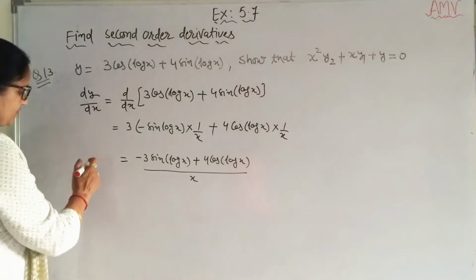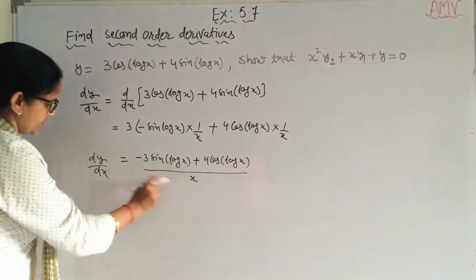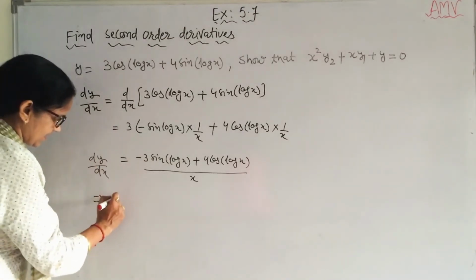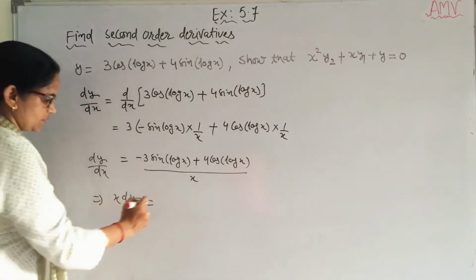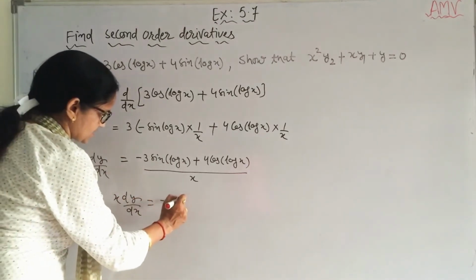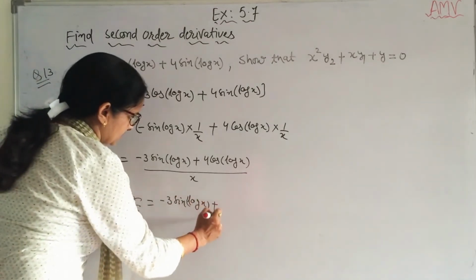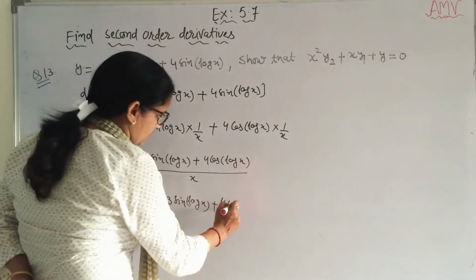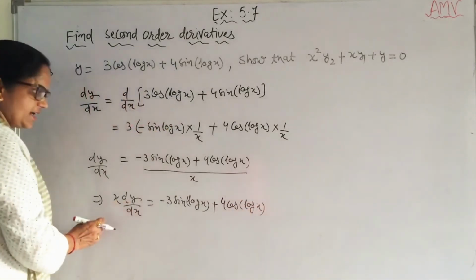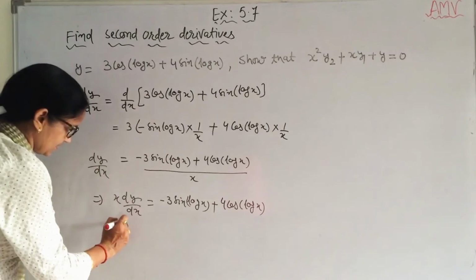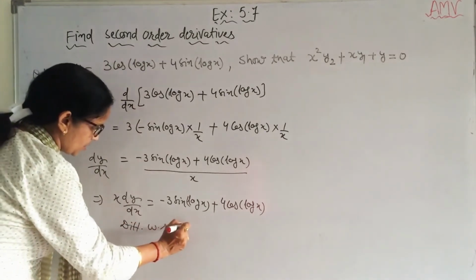Now student, first do the cross multiplication. So here it is x dy by dx equal to minus 3 sin log x plus 4 cos log x. Okay. And now find the differentiation with respect to x.